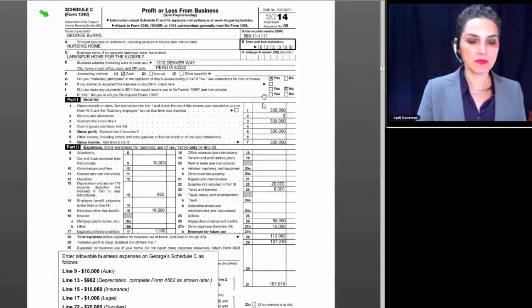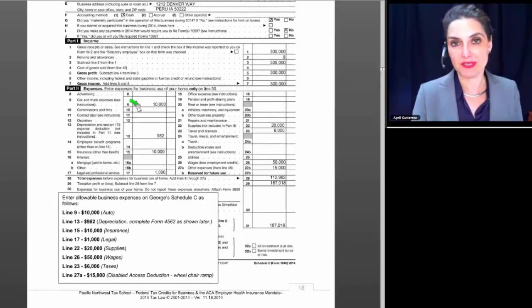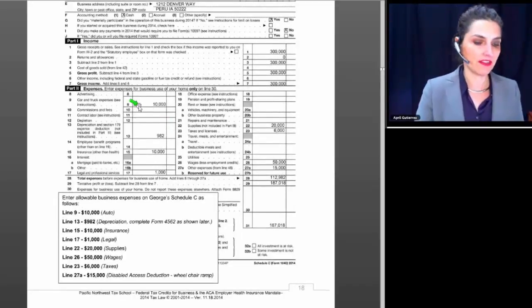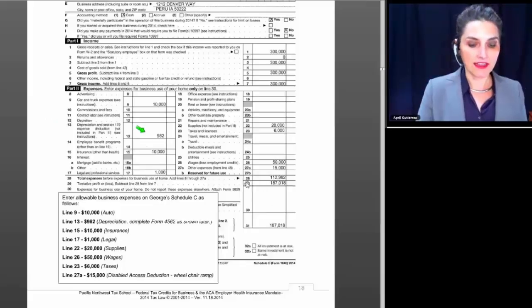On his Schedule C, we're showing the gross receipts from the business. We're listing some of the expenses, actually all of the expenses I gave you on his little P&L, with the exception, of course, being the disabled access improvements, because those have to be capitalized and claimed specifically through depreciation or the credit. So those particular items actually end up being claimed on line 13 and on line 27.